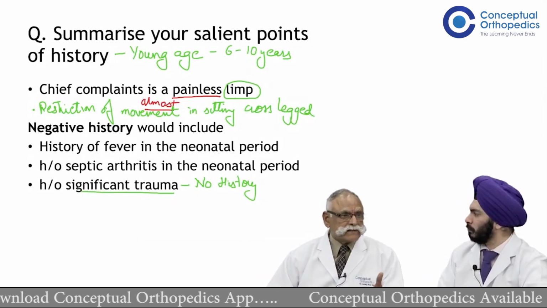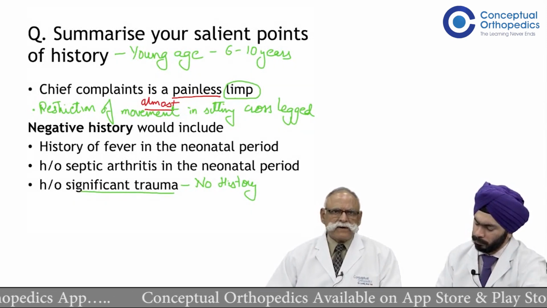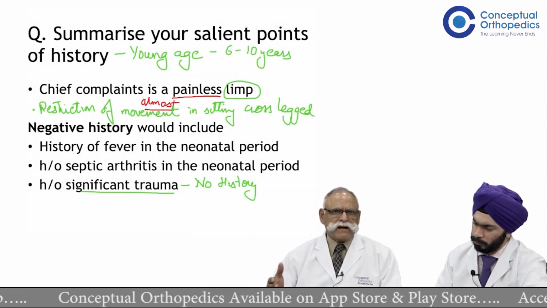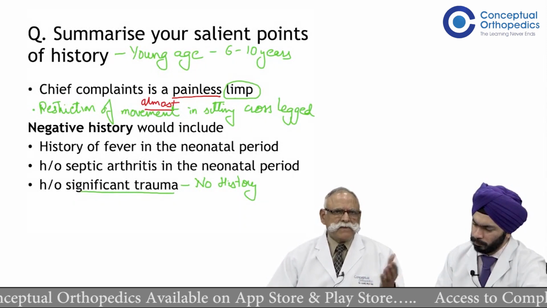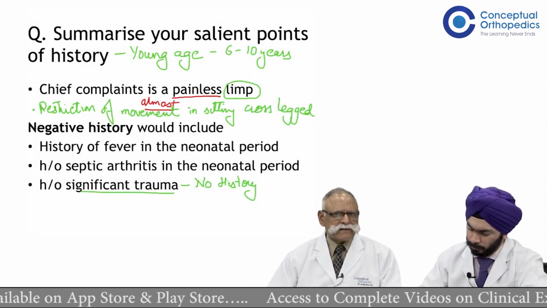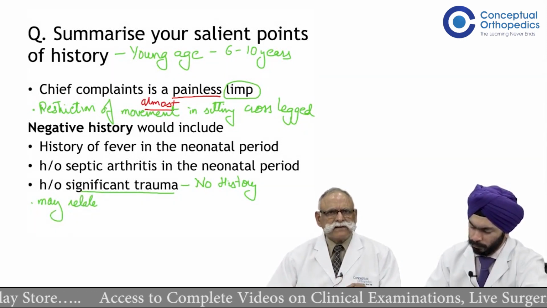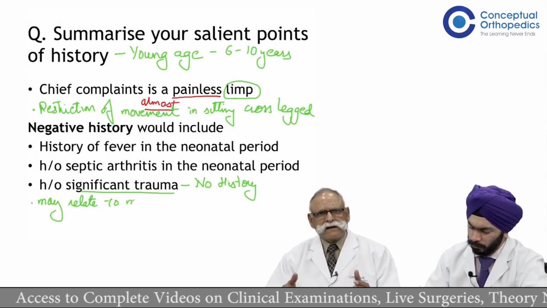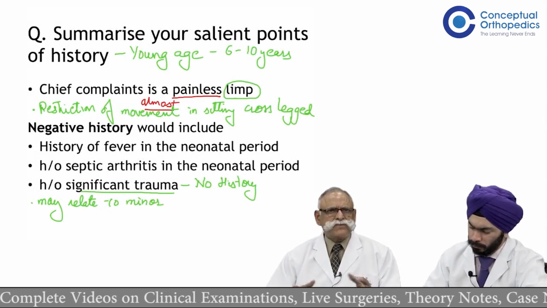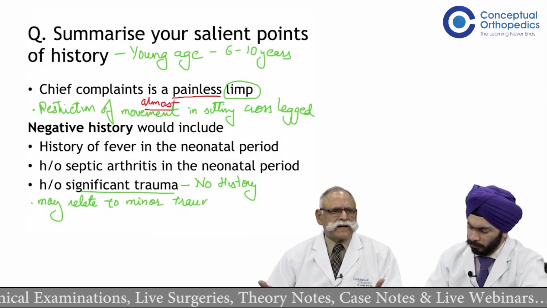The parents may relate the limp to a fall while playing maybe 2-3 months earlier, or 5-6 months back. So they may relate the history of limping with a trauma which was not very significant in their mind because the child did not get any fractures.